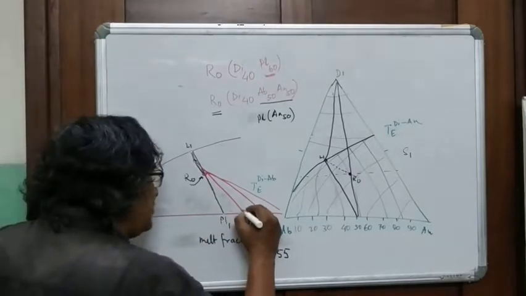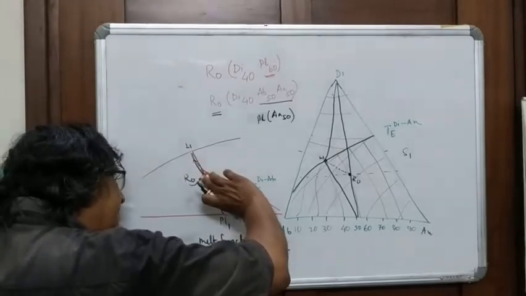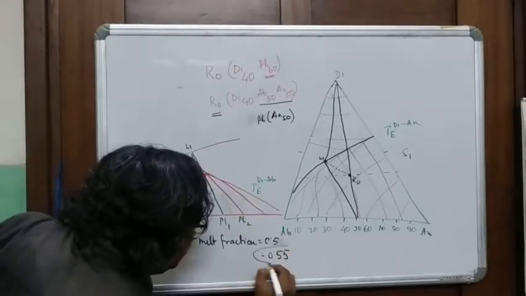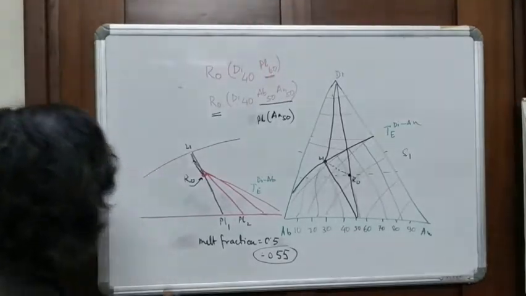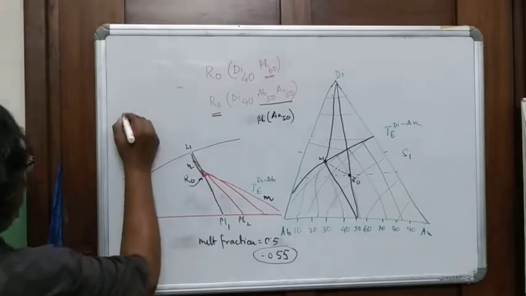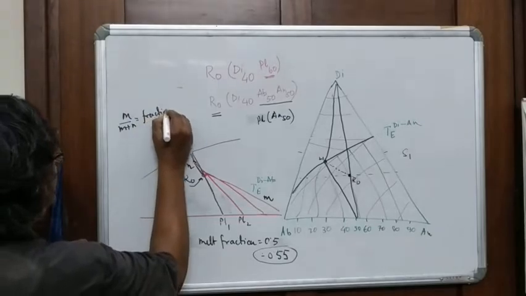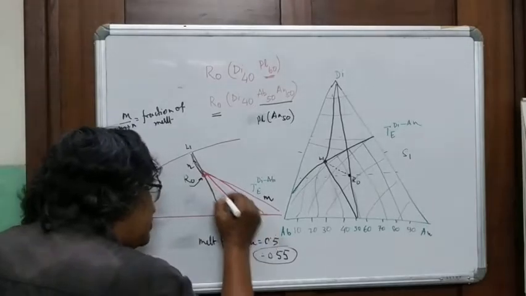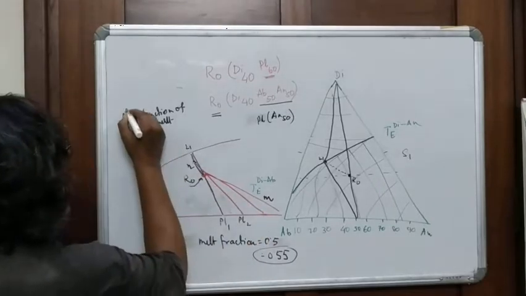So, if you have plagioclase 2, then you have to draw a line where this ratio and the corresponding ratio here should give you a value of 0.55. Have you understood? That means if these ratios are n and these ratios are m, then m divided by m plus n is the fraction of melt. Once you fix plagioclase 2, you know this distance m.